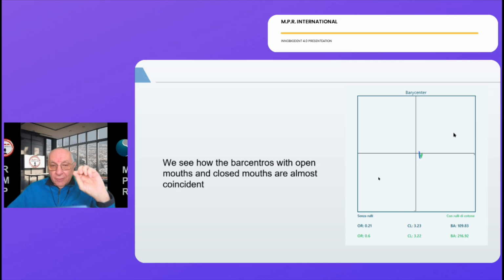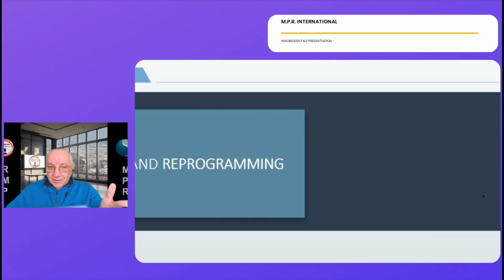Open mouth and closed mouth are in the same line. That means the jaw is well centered. But if you analyze the values of the BA, you see when the green is mouth closed, the value increases. That means vertical dimension is less. That's why it's necessary to measure our rehabilitation in the total body.